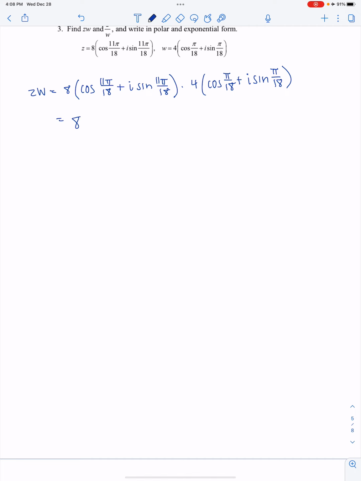Now that we have it written out, let's put it in exponential form. So we have 8e to the i of 11 pi over 18 times 4e to the i pi over 18. We can use exponential rules: 8 times 4, e to the i times 11 pi over 18 plus pi over 18, which gives us 32 e to the i times 12 pi over 18, which is 2 pi over 3.